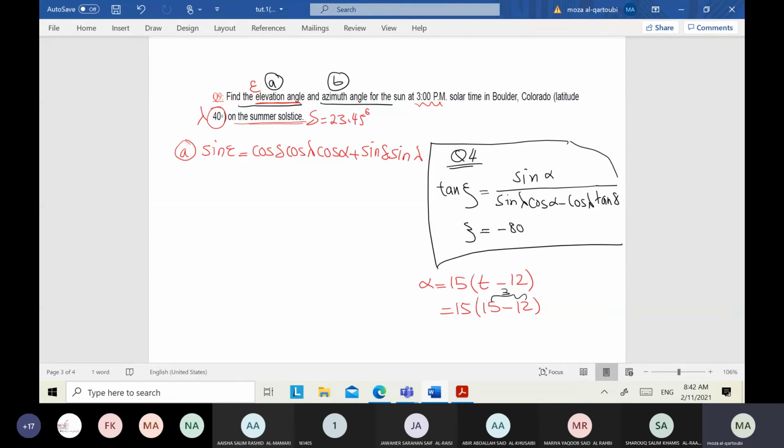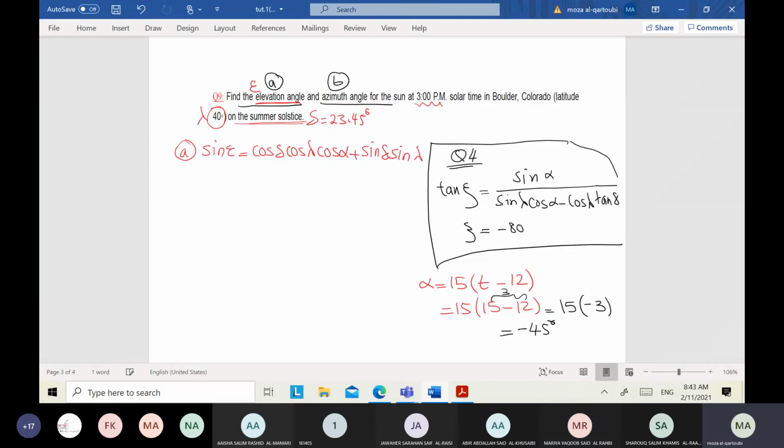If afternoon, we use this value as negative, otherwise positive. So we have 3 p.m., so afternoon. So positive or negative? Afternoon, negative. So it will be 15 times minus 3. So our angle equals minus 45 degrees.